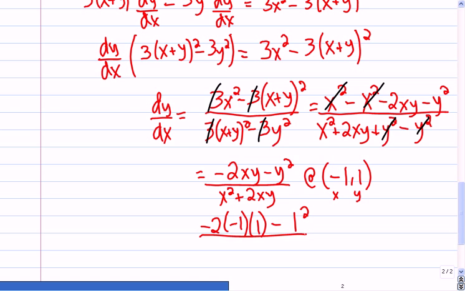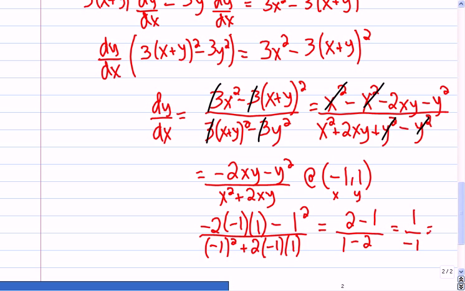And on the bottom it'll be (-1) squared plus 2 times -1 times 1. So 2 minus 1 over 1 minus 2. So I get 1 over negative 1. So it gives me a slope of negative 1.